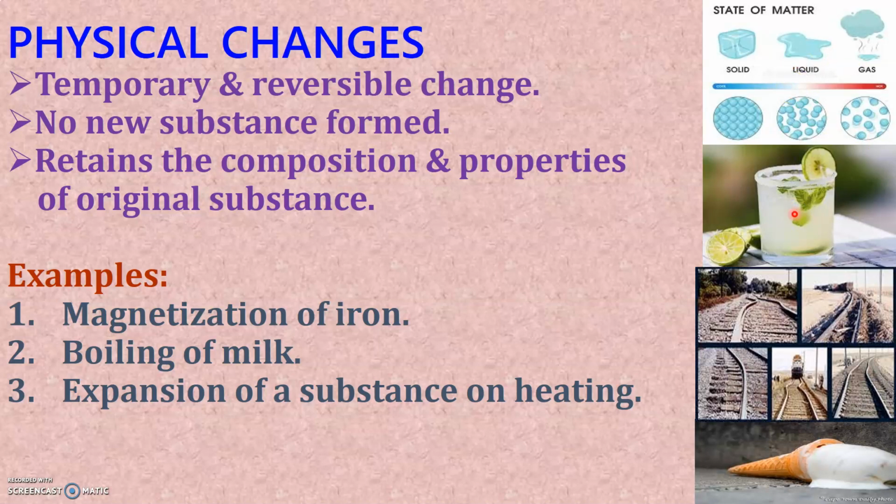We mix lemon juice, sugar and water to make a lemonade. Here, we are not changing the properties of lemon, sugar and also of water. The lemon in lemonade still has the sour taste. Sugar after mixing also retains its sweetness. And water also does not change its property and composition.